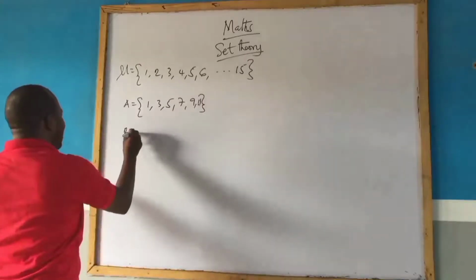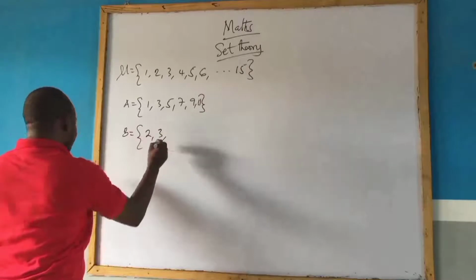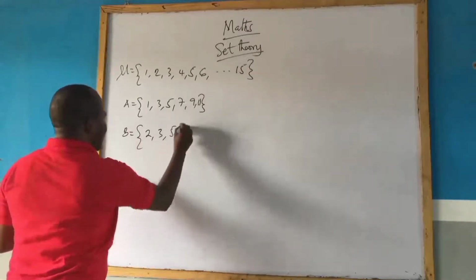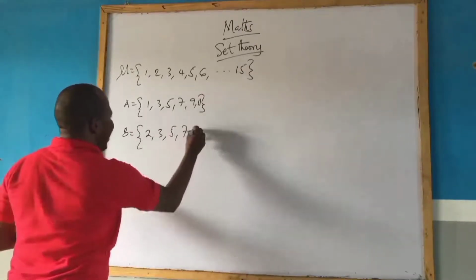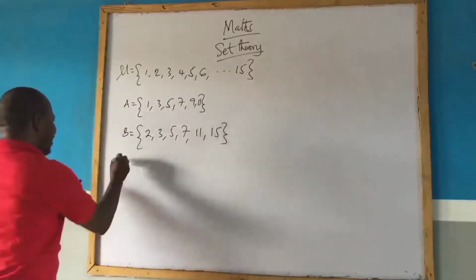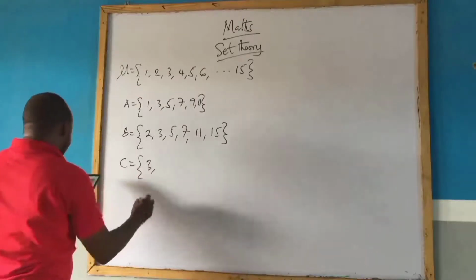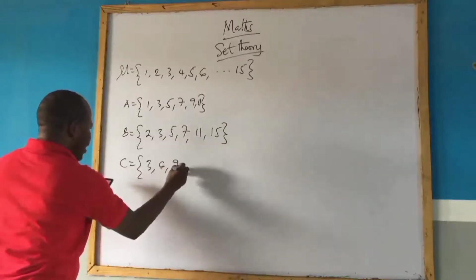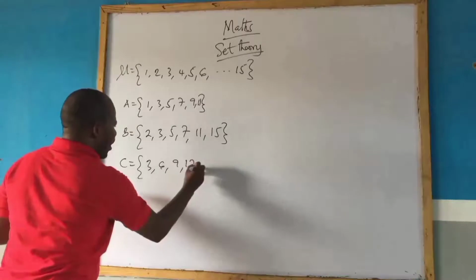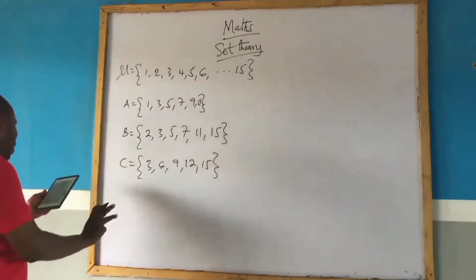Then the elements in B are 2, 3, 5, 7, 11, and then 15. Then the elements in C: 3, 6, 9, 12, and then 15. These are the information given.